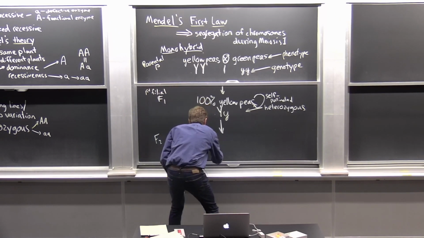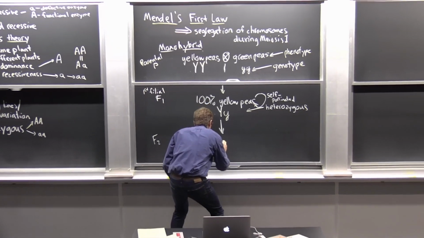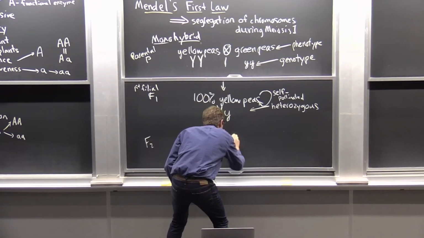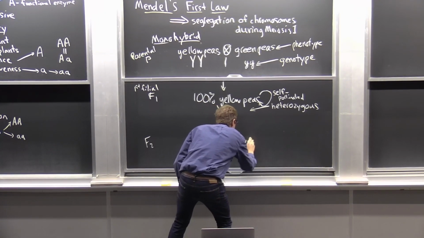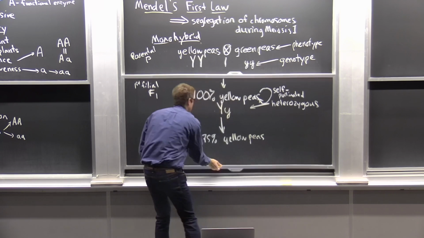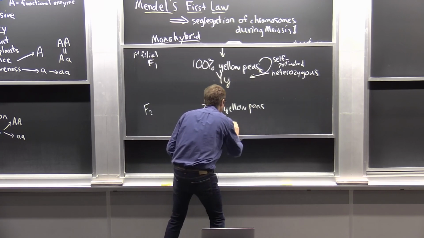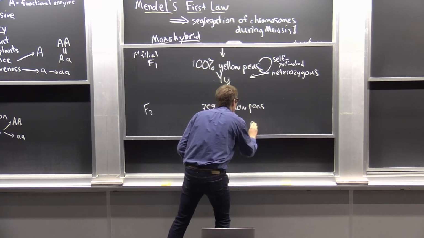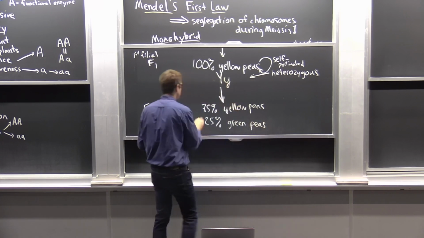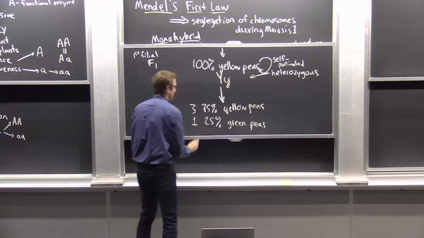So 75% of the progeny were yellow, had yellow peas, and 25% had green peas. Okay, so there's this 3-to-1 ratio here.